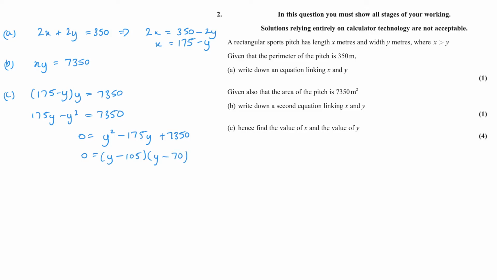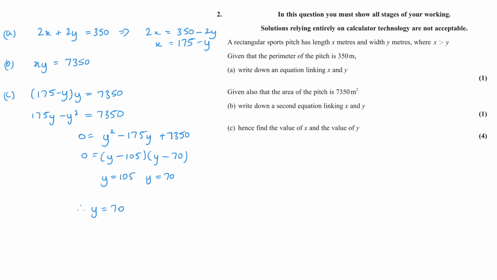Okay, now you can kind of cheat with the factorizing. You can use your calculator to find the answers and work your way backwards. So we got two answers, 105 and 70. Now x is bigger than y, so y is the smaller one, therefore y equals 70.